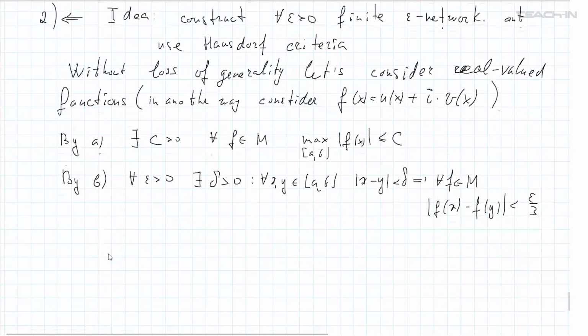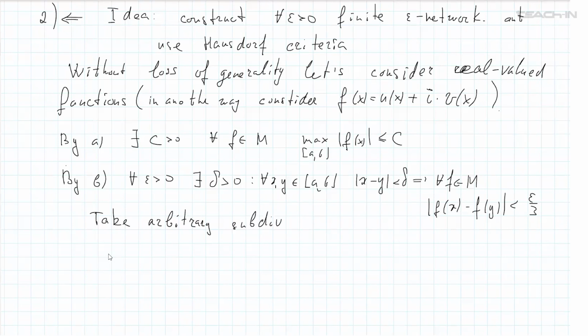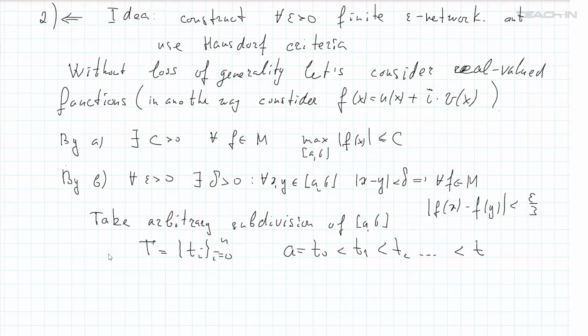Then take any subdivision of AB, so it is T equals Ti, i from 0 to n, with T0 equal to A, T0 less than T1 less than T2, etc., less than Tn equal to B, and for any i possible, Ti minus Ti minus 1 is less than such delta from B, for i equals 1 to n.